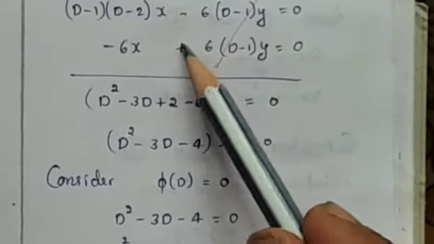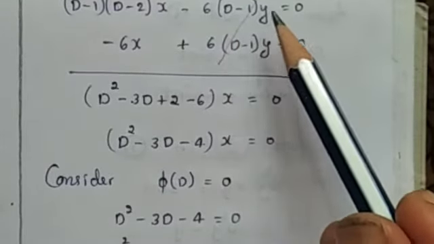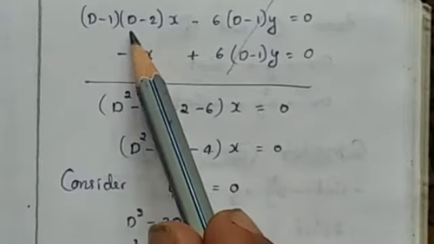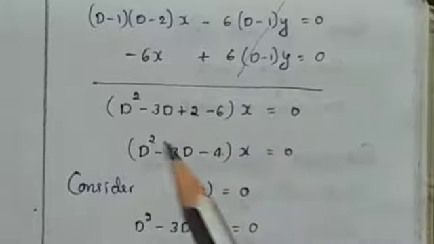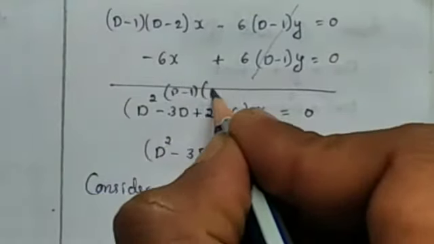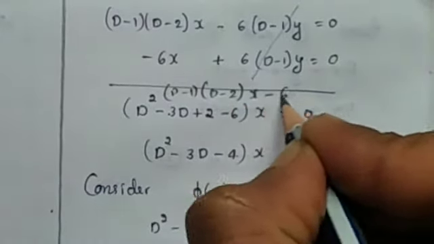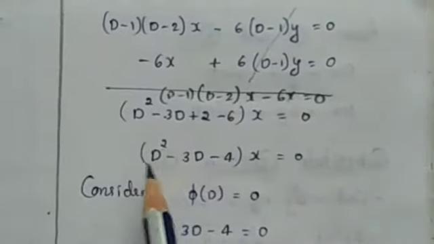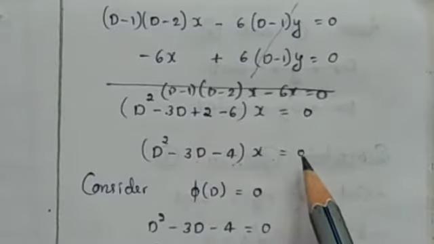The 6(D minus 1) y terms cancel. You get (D minus 1)(D minus 2) x minus 6x equal to 0. If you simplify this, you get (D square minus 3D minus 4) x equal to 0.